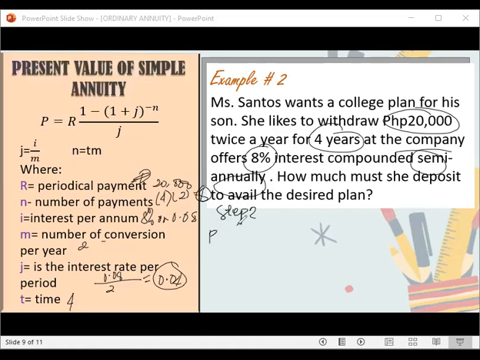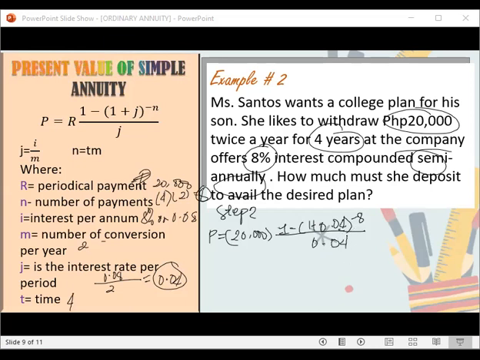So, P is equal to 20,000 over 1 minus 1 plus 0.04. Again, don't forget the negative sign sa exponent. So, raised to negative 8 over 0.04.